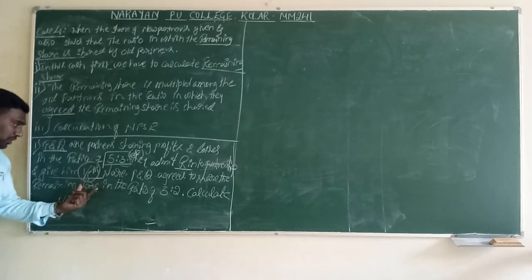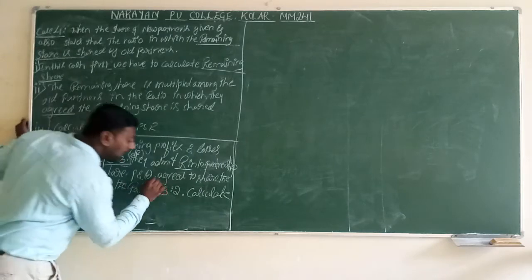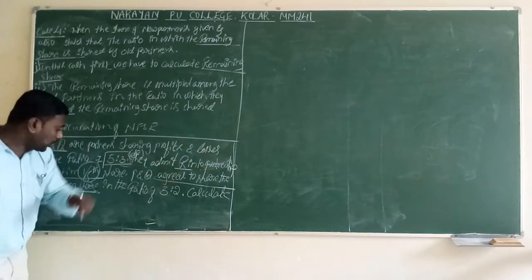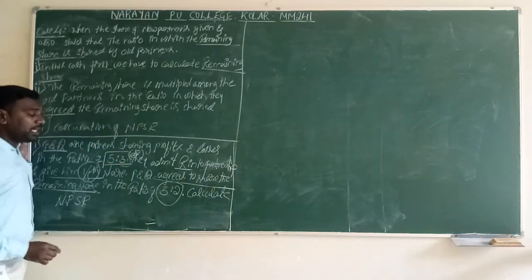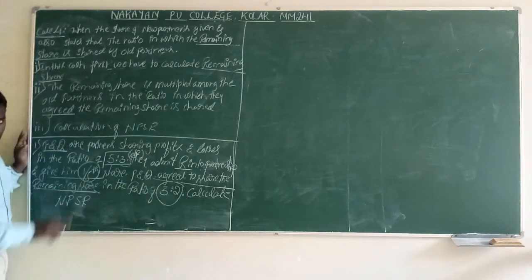That 1/5 share belongs to the new partner share only. P and Q agreed to share the remaining share. Here the agreed ratio is given, in the ratio of 3:2. So 3:2 is the agreed ratio. Calculate the new profit sharing ratio.